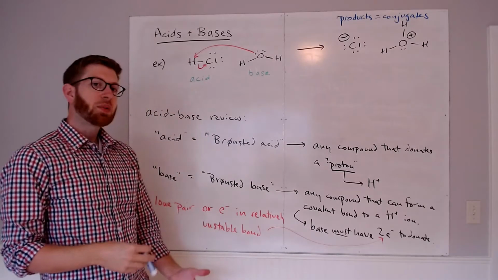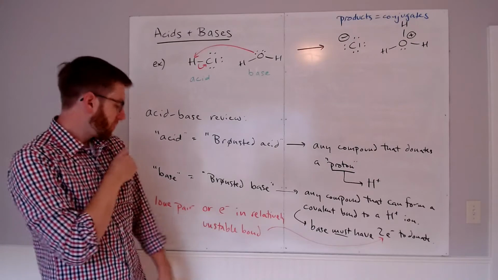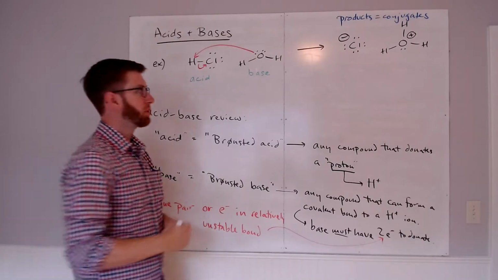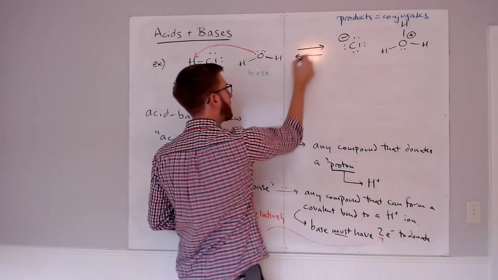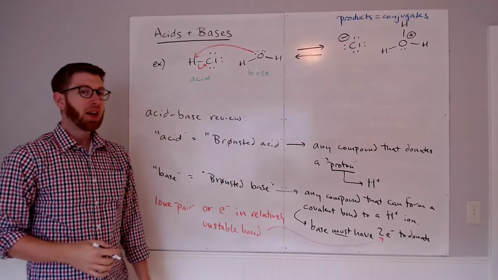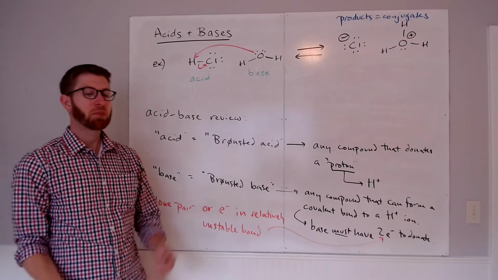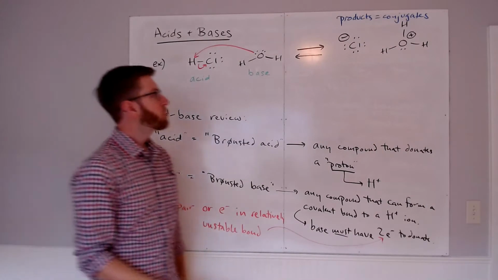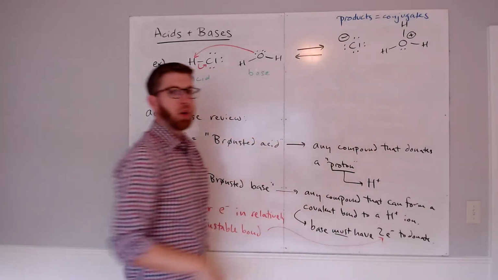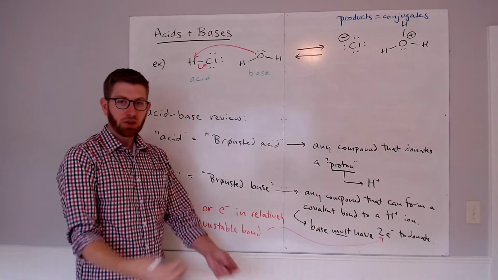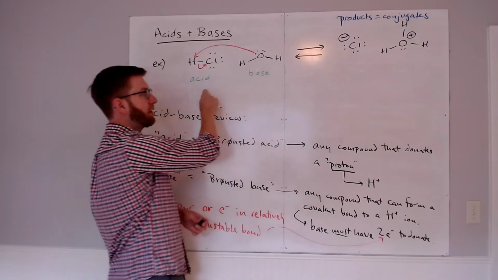And one of the reasons that this is important to know is that these reactions are always reversible. Any acid-base reaction is a reversible process. It may not be very favorable to go backwards, but it's in principle possible, which means that these structures will be acids and bases that can transfer a proton to get back to this state.